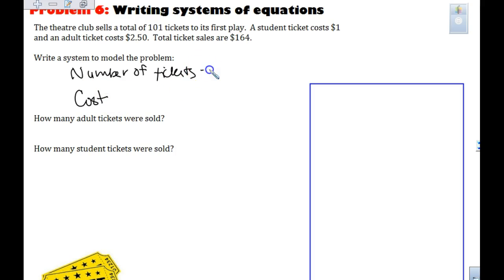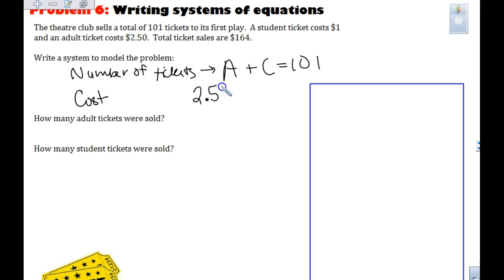When I look at writing the number of tickets, how many tickets total did we sell, Carter? How many tickets, people that went to it? So I'm going to put A plus C equals 101. Nick, how much did each adult ticket cost?